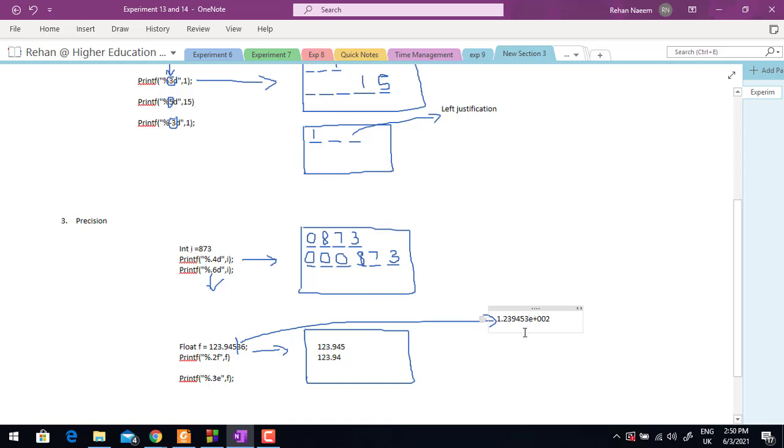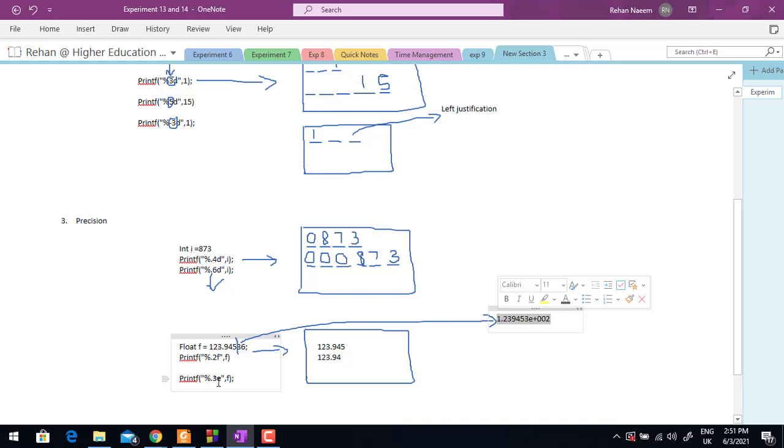Clear? Okay, so this is the number in exponential format. 123.94536 will be displayed in this format because we are using percentage e over here.